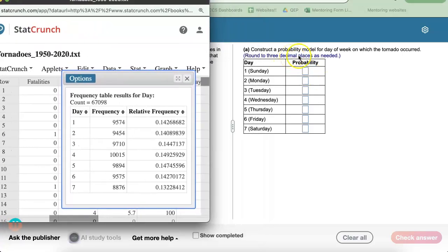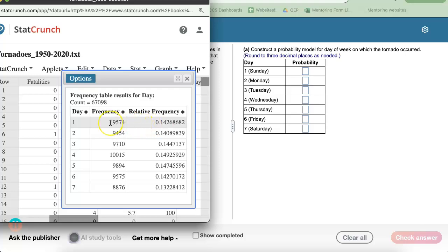So where it says to construct a probability model and we're asked for probabilities, we're using the relative frequencies. And the reason why is because let's remember that the estimated probability of an event is its relative frequency.